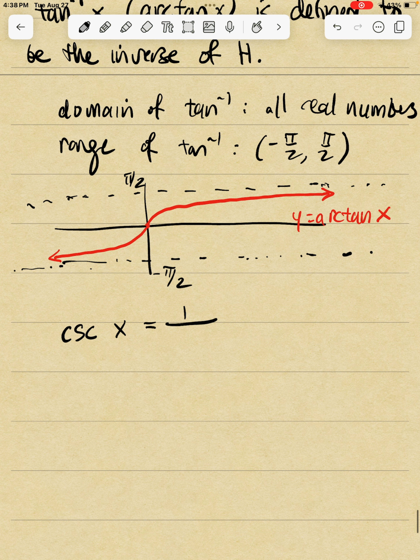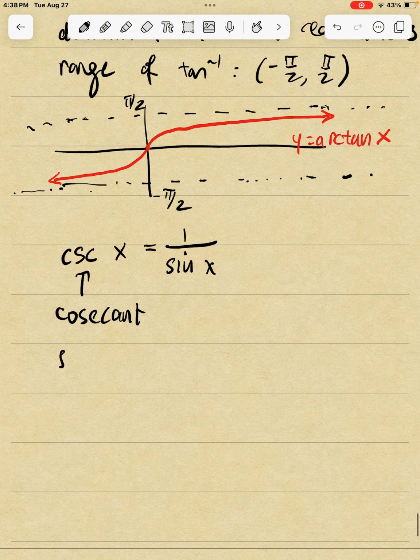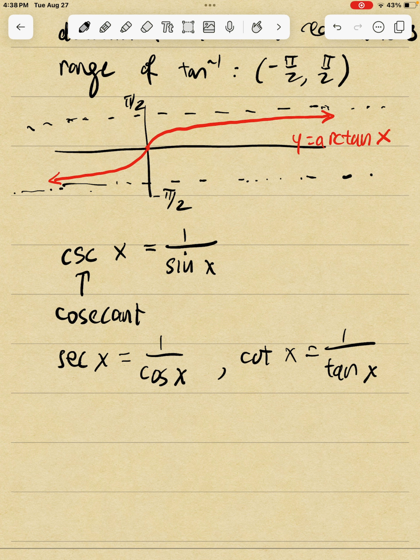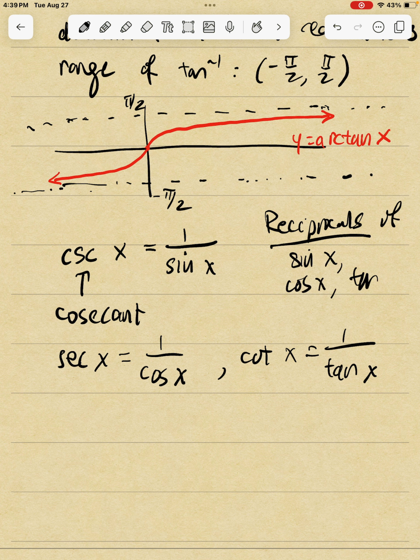Cosecant x is 1 over sine x. That's cosecant x. And also secant x, that's 1 over cosine x. And cotangent x is defined to be 1 over tangent x. So these are the reciprocals of sine, cosine, and tangent.